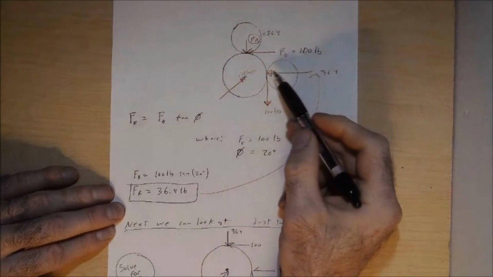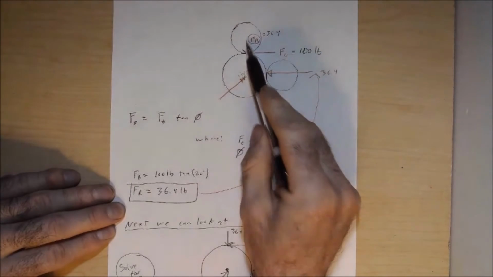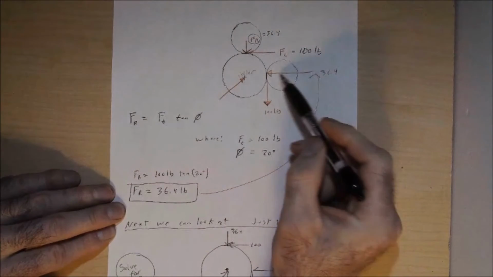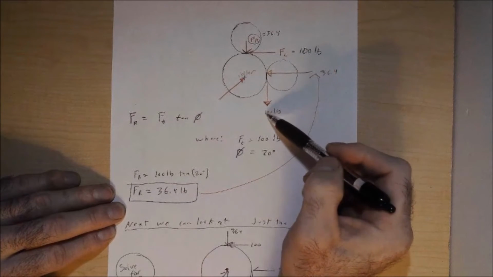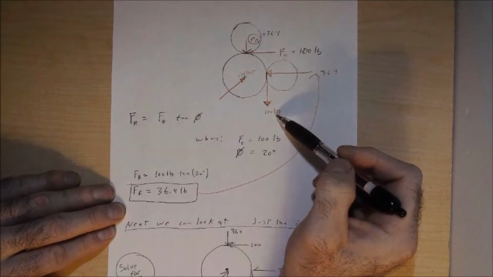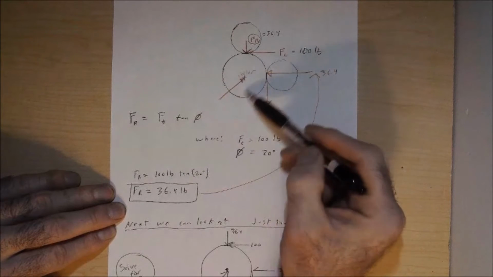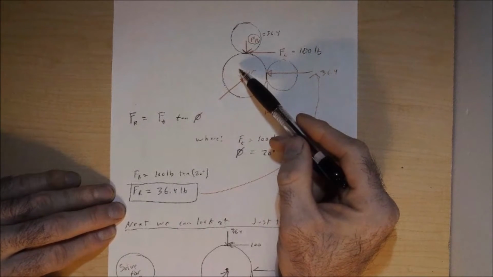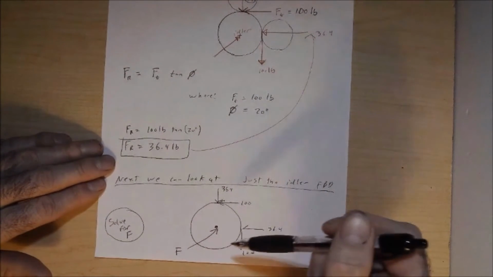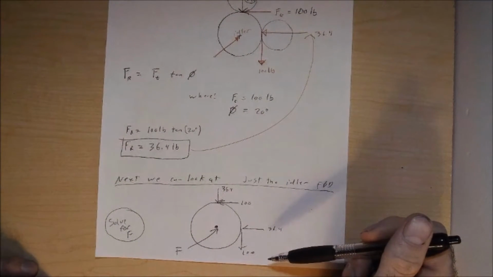And then we can look over here and say, okay, this coming in perpendicular is the same as this one coming in perpendicular over here, 36.4, and this 100 over here, tangential, is this 100 pounds, same as our F sub T. So what we don't know are the forces that are supporting this idler on the idler shaft. That'll be the next step, to come up with a free body diagram based upon that.